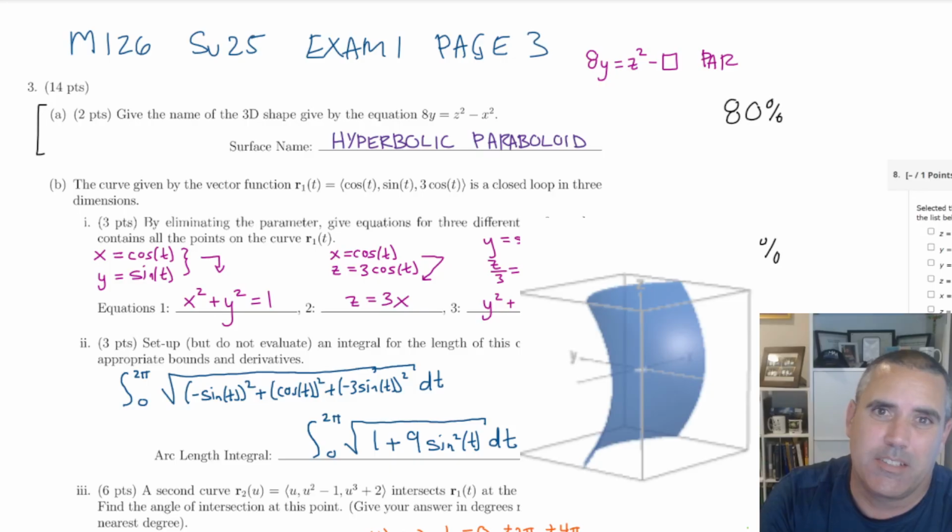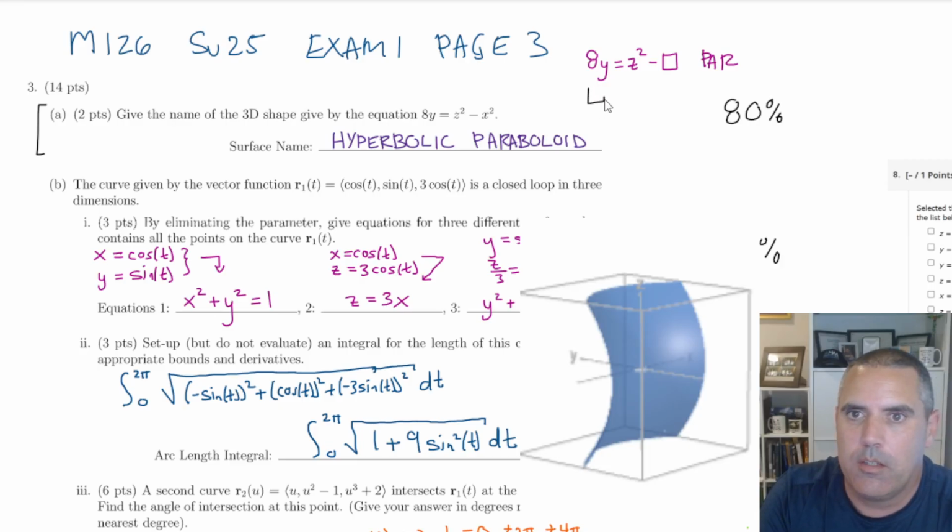And 80% of the class got this right, so I'm kind of recapping something that a lot of people know. If you replace y with a constant, then you'd have a constant on this side. And that has a minus between two squares. That's a hyperbola.